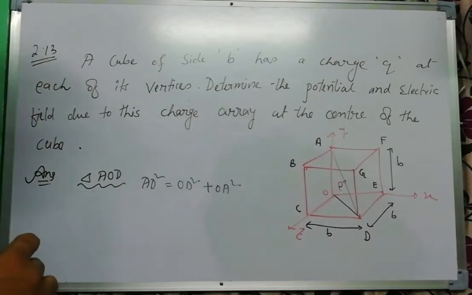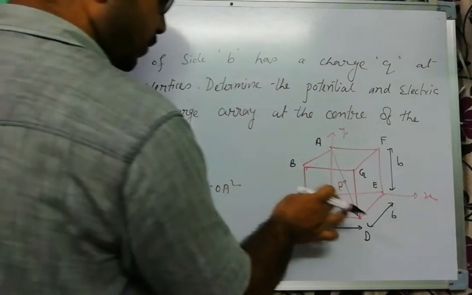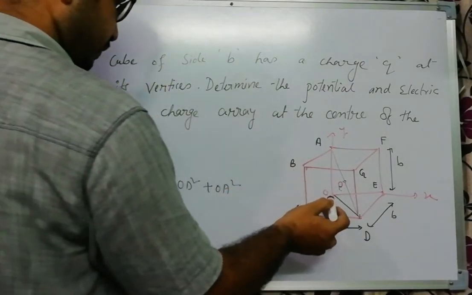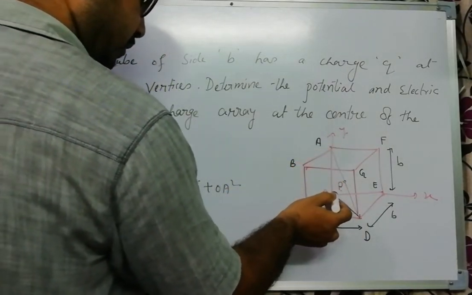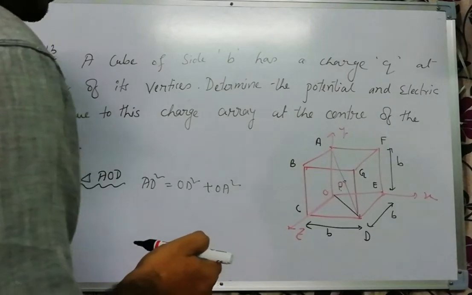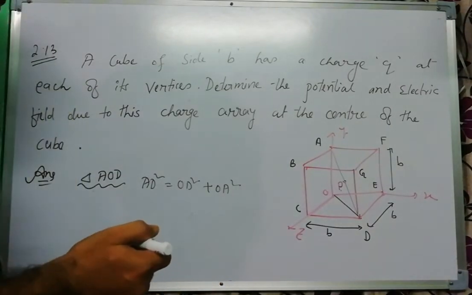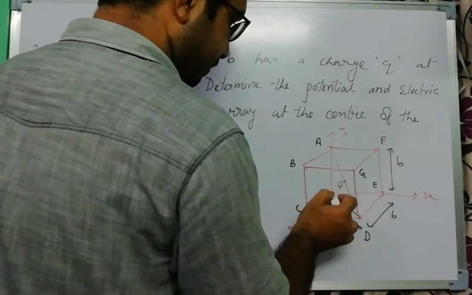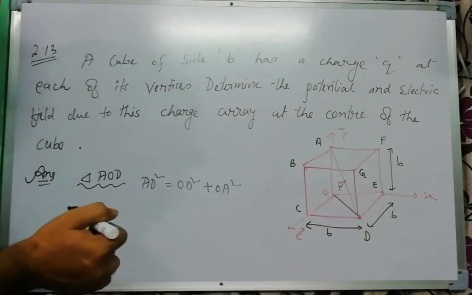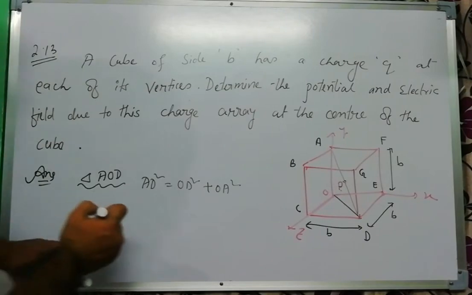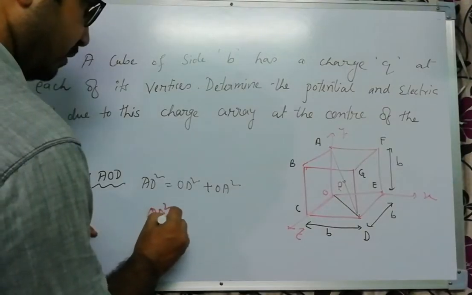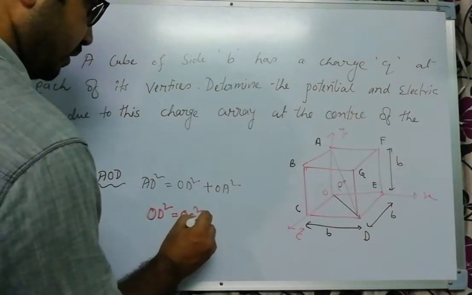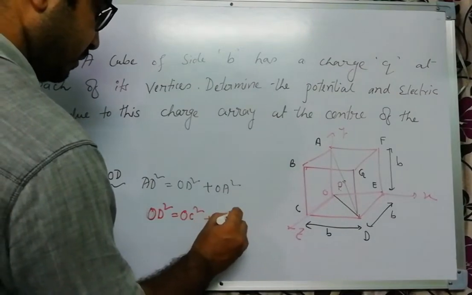Now, what is the length of OD? We know the length of OA. Now, I don't know the length of OD. So to find out the length of OD, this is base, this is perpendicular, and this is hypotenuse. So OD square is OC square plus CD square.